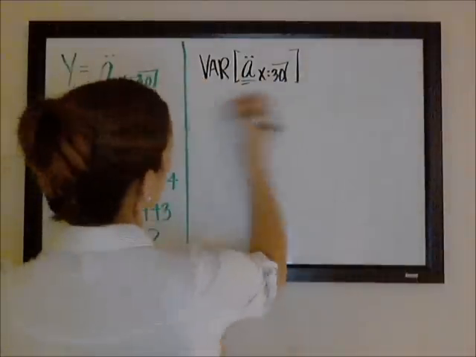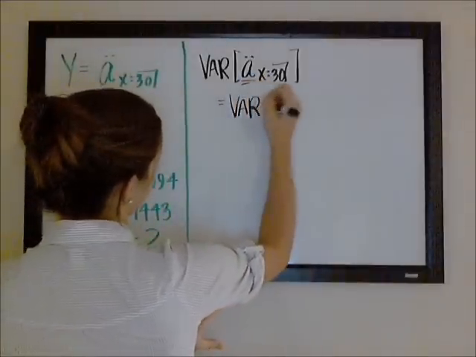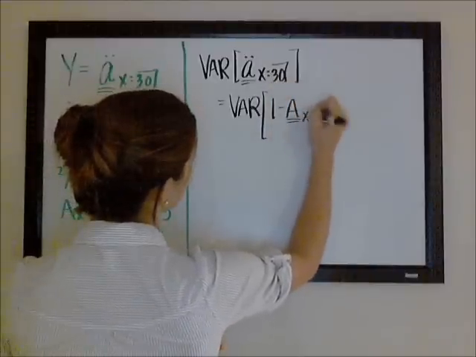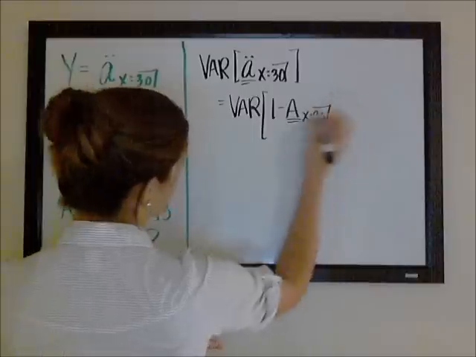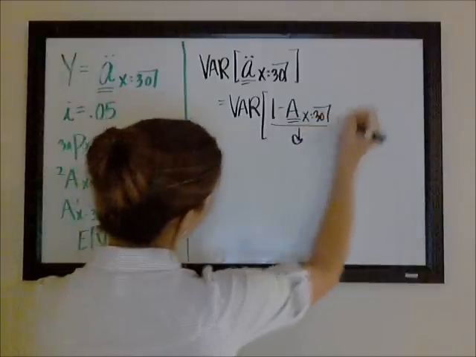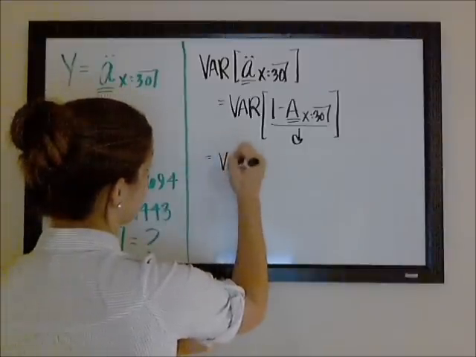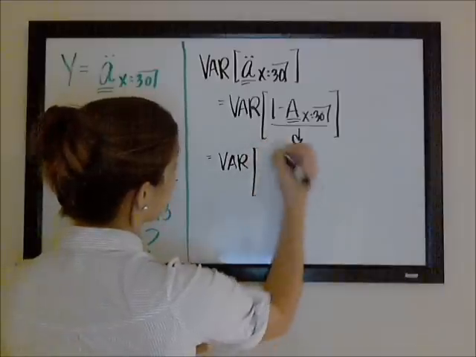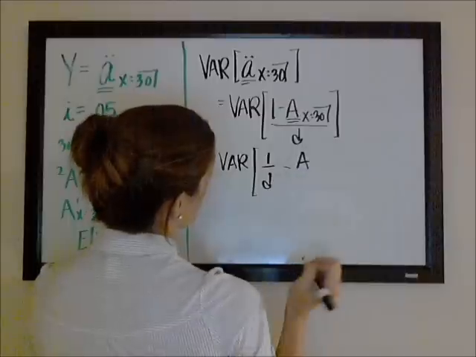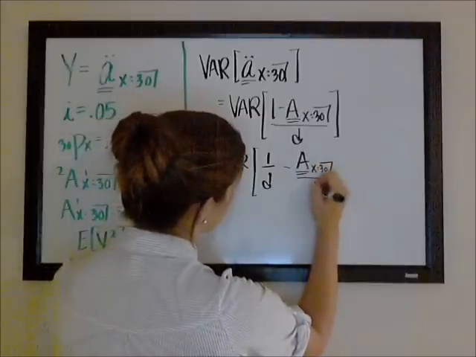So, the variance of this annuity, I'm going to rewrite the annuity as 1 minus the corresponding insurance over the appropriate interest rate, which is d here because we're working with an annuity due. I'm going to break this up. This is the same thing as the variance of 1 over d minus the insurance over d.